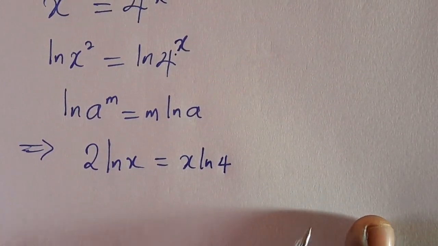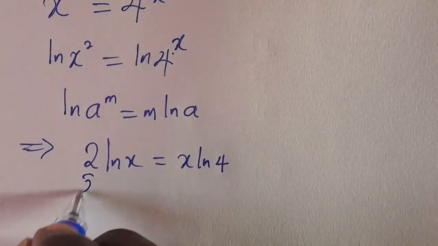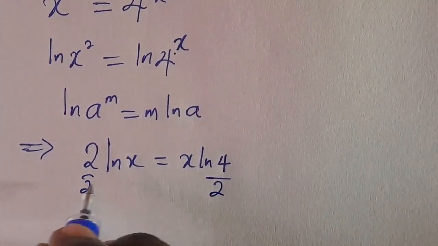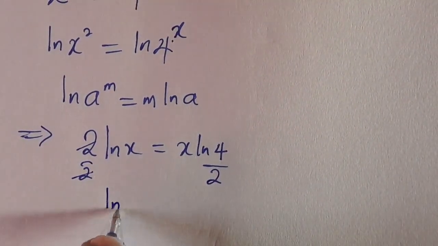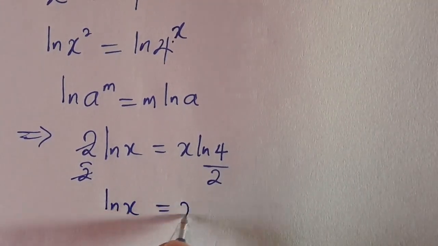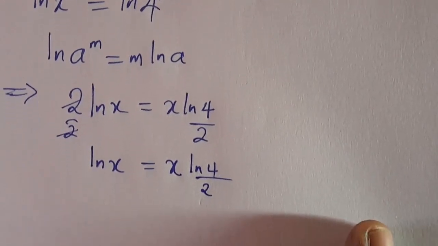Now, the next thing is we have x here, we have 2 here. Let's divide through by 2 first, so this will cancel this. Then we are going to have ln of x equals x ln of 4 divided by 2.